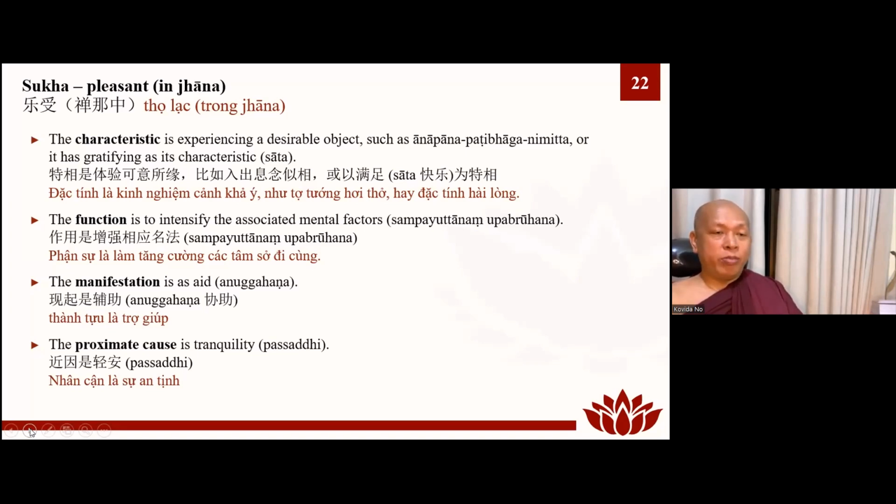So gratification, sada. When we can experience the patibhaga nimitta, there is sukha feeling, pleasant feeling, happy feeling. This is called sukha. Then the function is to intensify the associated mental factors, the same as before, right? The manifestation is as anugrahana. The primary cause is tranquility, passaddhi. These are pleasant feelings in jhana.